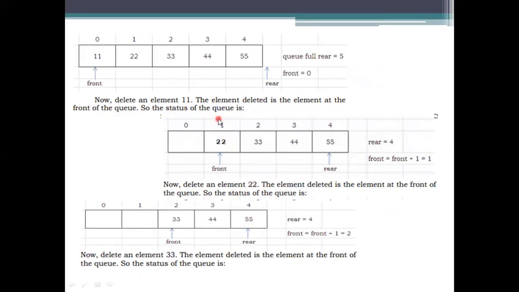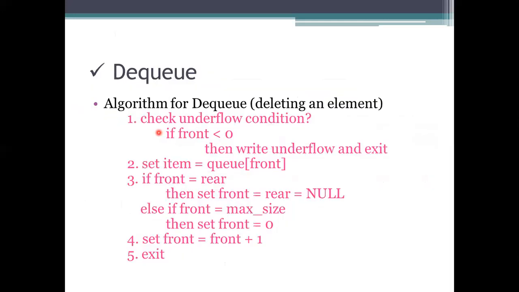Okay. If I want to access the remaining methods, that is isFull and isEmpty, how am I going to process here? We need to check whether any overflow or underflow is there or not.